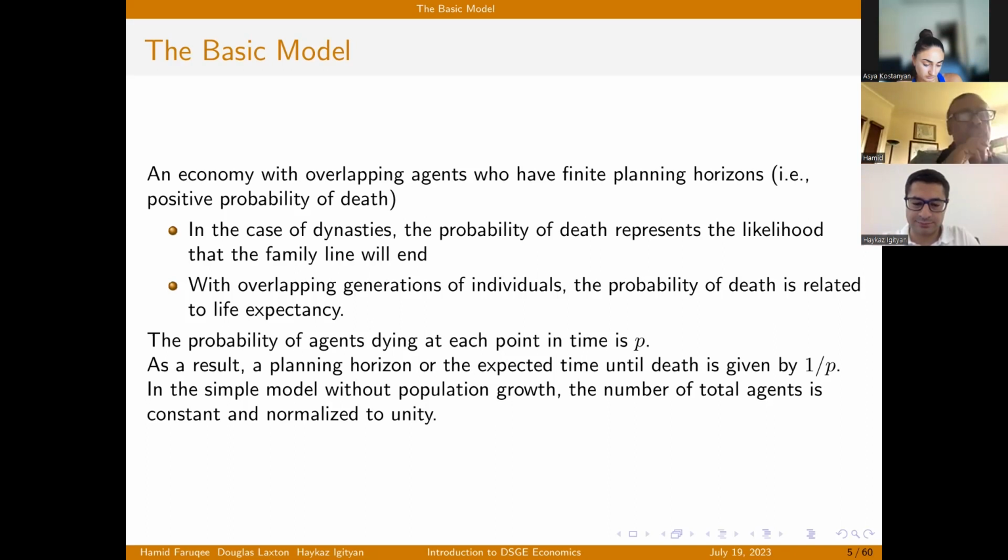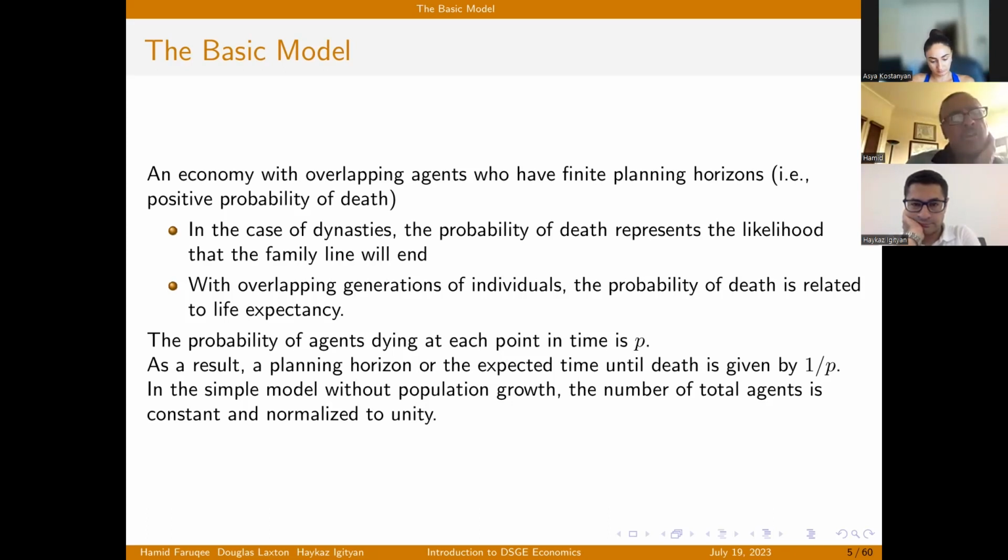In terms of notation, in either case we'll use P as the probability of death. It'll be based on an exponential function to allow aggregation. The expected time until death, or the planning horizon, is given by 1 over P. To give you some numbers, suppose the probability of death is 2%, which is not too different from what we think for individuals.